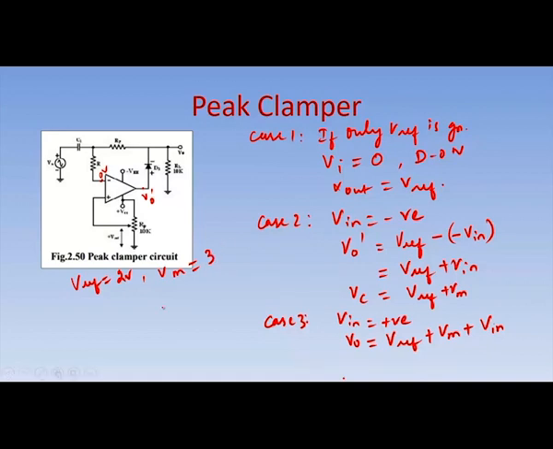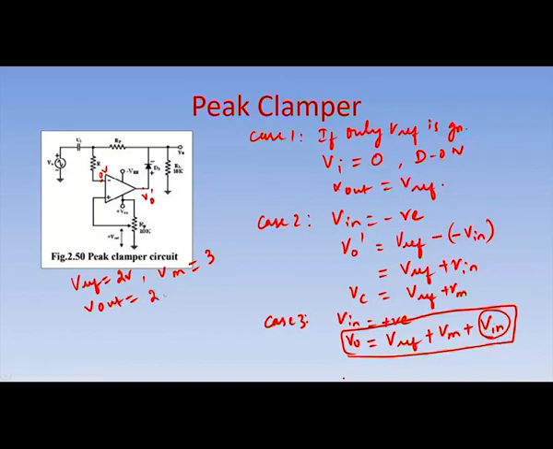Now I have taken the positive peak as 3, and I am going to calculate V out, the entire circuit's output. This is the actual equation to calculate the output of the entire circuit. Here, instead of Vin, you can change the input voltage according to the positive and negative input voltage. So, you have to give from 0 to +3 and -1 to -3.